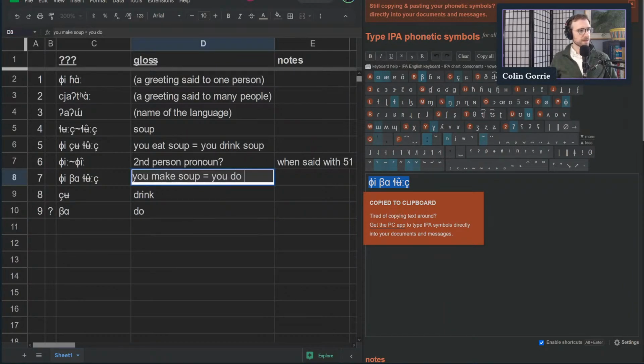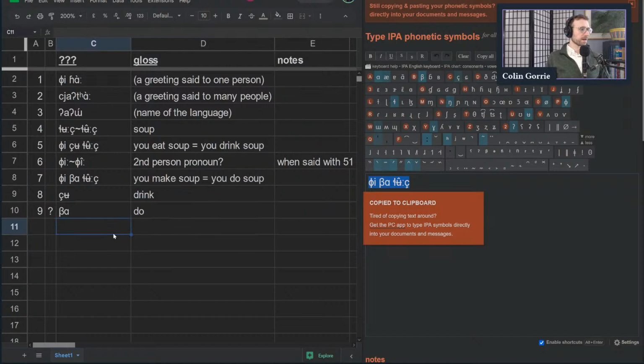So right away, now we actually know quite a bit. It seems that we have two transitive sentences here: you drink soup, you do soup. So from that, we can make a hypothesis that we are dealing with some sort of an SVO word order.